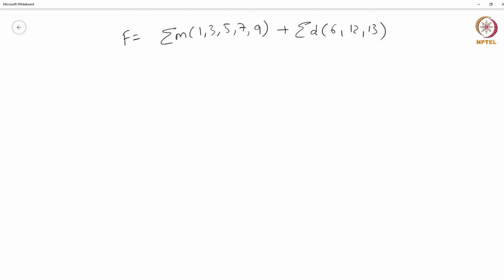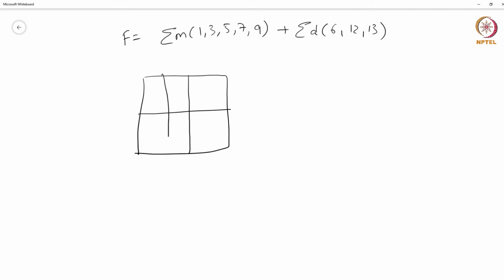So first of all, let us quickly draw our K map. While drawing the K map, because it is of 4 variables, we will create 16 cells, and let us say A and B are here and C and D are here. So this function is of, let's say, A, B, C, D. That means A forms the most significant bit and D forms the least significant bit. So we write the gray code here like 0 0, 0 1, 1 1, 1 0.